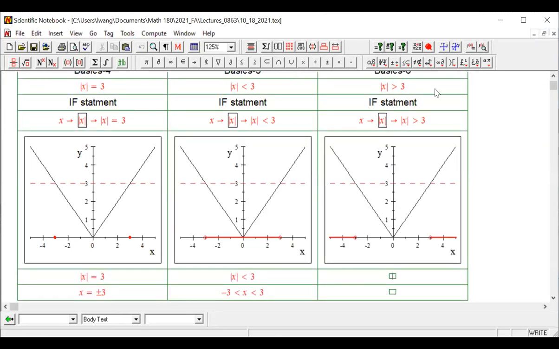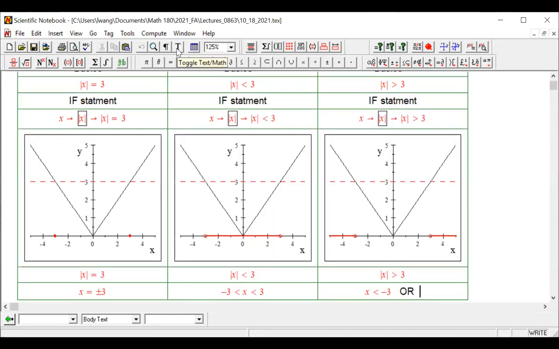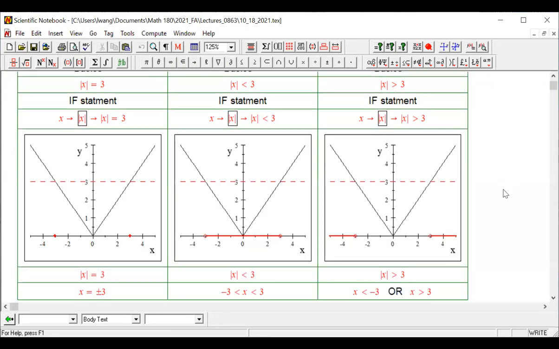The last one, if you're solving the inequality of the absolute value of X greater than 3, then the solution is either X is less than -3 or X is larger than 3. Is that clear, everybody?